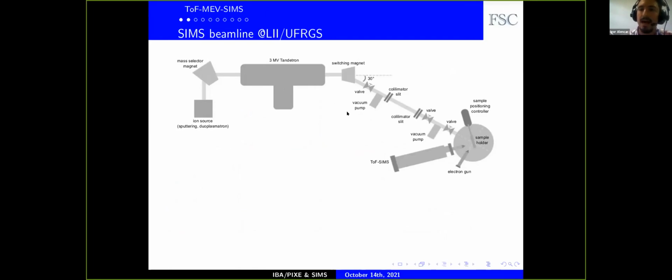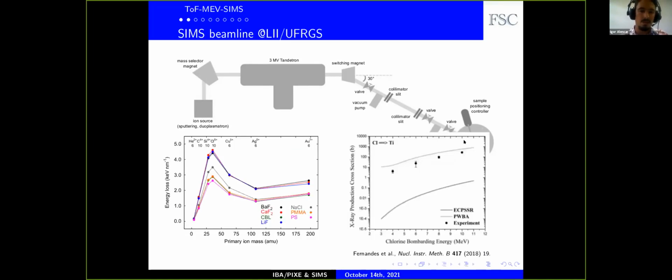And high mass ions, if they have too much energy, they won't bend to this beam line. So what we see in our beam line, that we have an optimal energy deposition around silicon and chlorine. These are some elements that we have very reasonably stable sources. So this is our motivation to use copper, chlorine, and in one experiment, silicon.